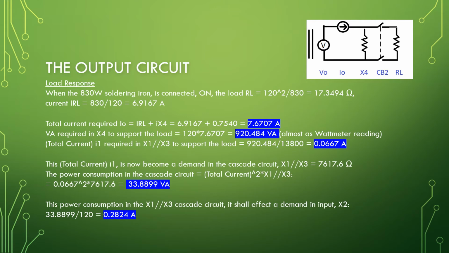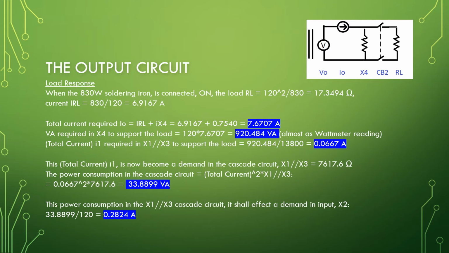Total current I1 required in X1 parallel X3 to support the load equals 920.484 VA divided by 13,800 volt equals 0.0667 ampere. This total current I1 is now a demand in the Cascade circuit X1 parallel X3 equals 7,617.6 ohm.